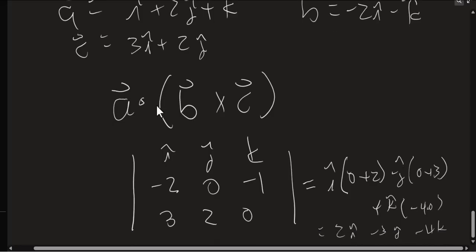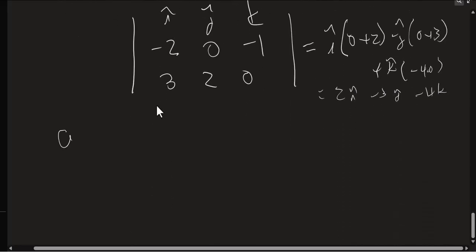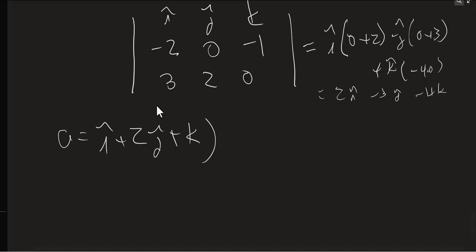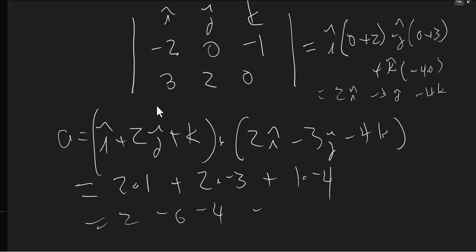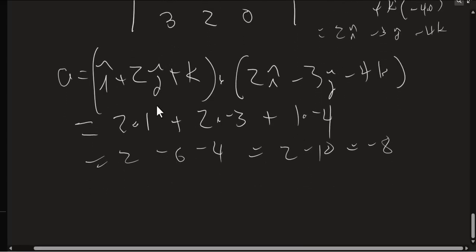A is i plus 2j plus k. And the dot product with 2i minus 3j minus 4k. Now remember, with the dot product, you just multiply. So 2 times 1 plus 2 times negative 3 plus 1 times negative 4. So that's 2 minus 6 minus 4, 2 minus 10, or negative 8. And if I made a mistake in the arithmetic, I probably did.